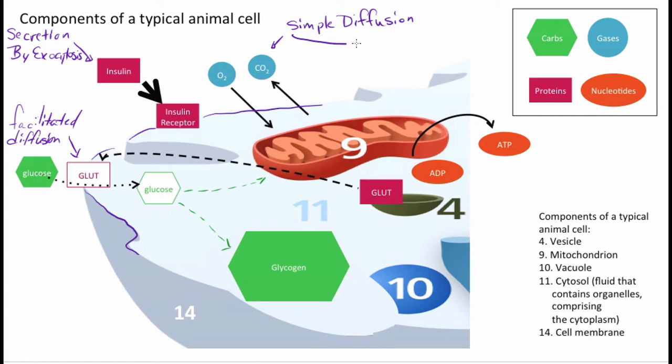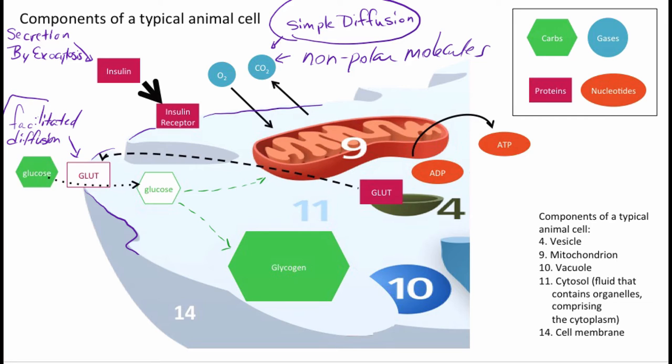If it's a small molecule, particularly if it's a small molecule like CO2 and oxygen, these are non-polar molecules. I think my cats are hunting lizards behind me, so pay no attention to the noise. They go through the membrane on their own.